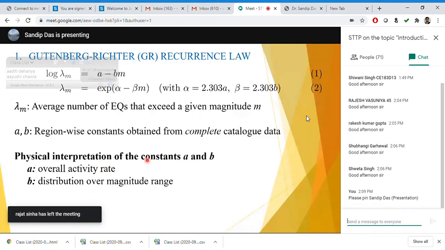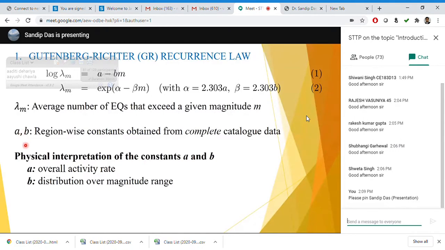And you can express this in terms of natural log as well, ln. If you do that, then the coefficients a and b are respectively known as alpha and beta. And the constant that you are seeing, 2.303, is obviously log 10 to the base e. Now you see what are the a and b values.